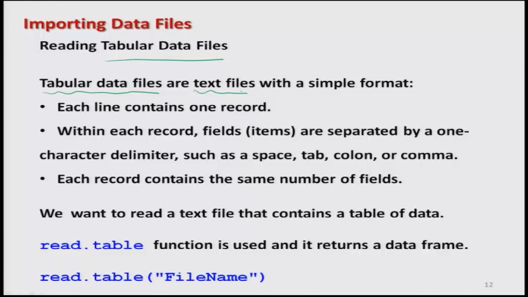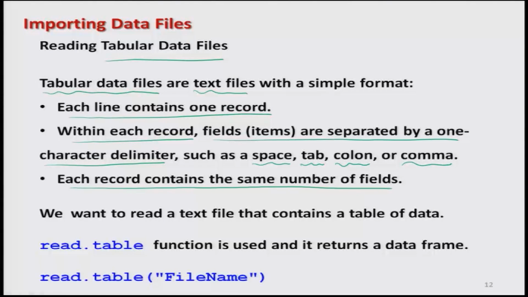The format is like this: each line contains one record, and within each record the fields are separated by one character delimiter, and this delimiter can be space, tab, colon, comma, like this. And each record contains the same number of fields.